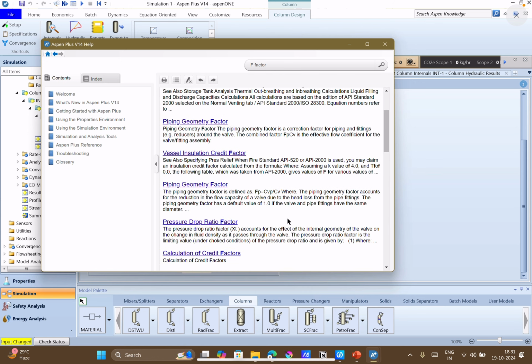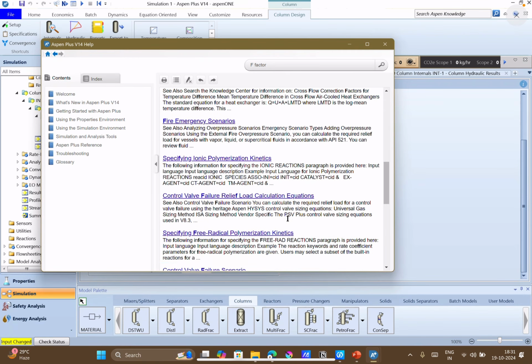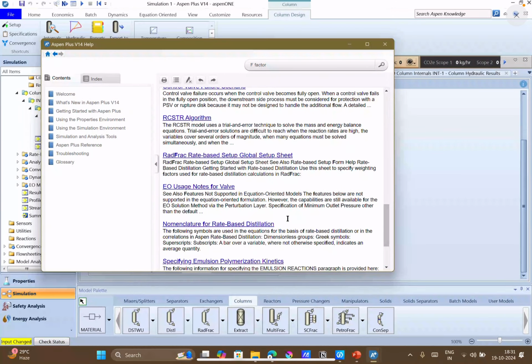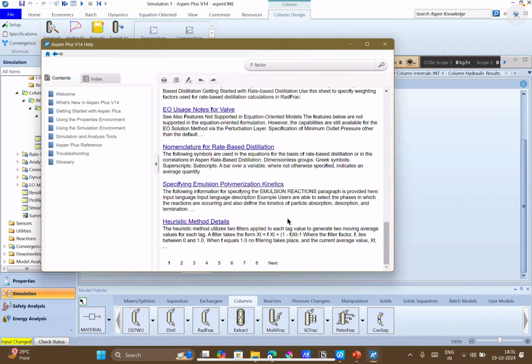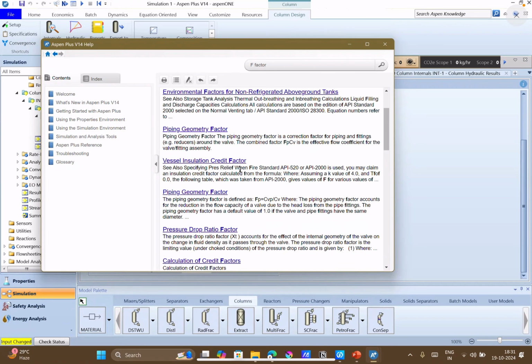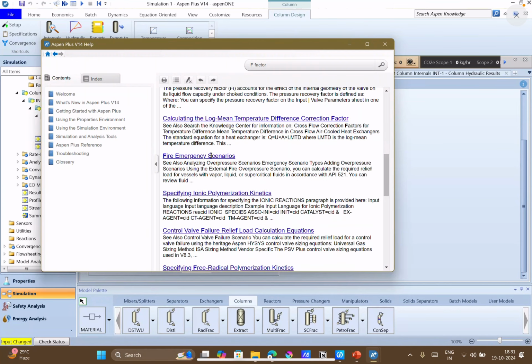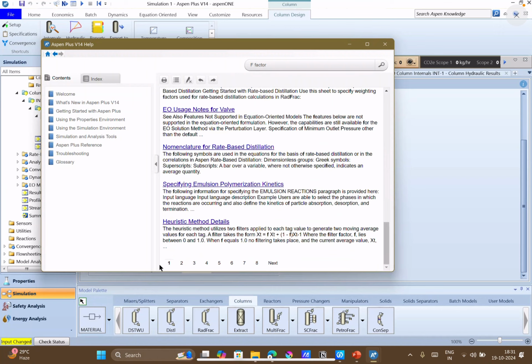Now we want to understand the F factor part, right? It is related to reduction factor for tank insulation, piping geometry. No. Fire safety.